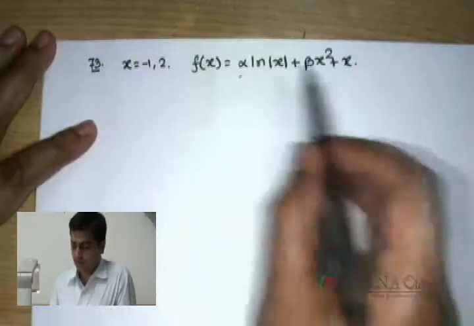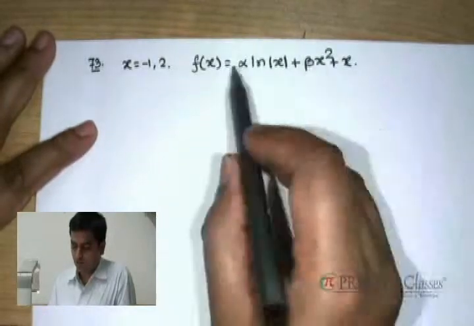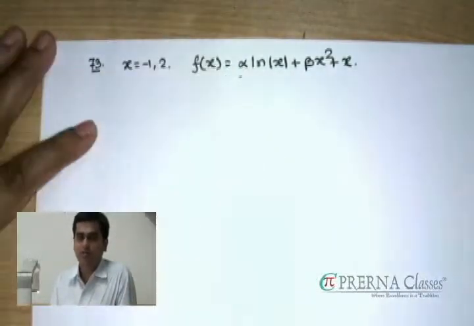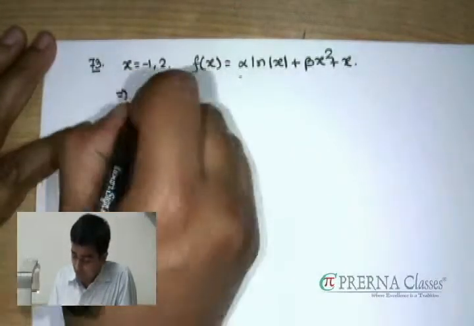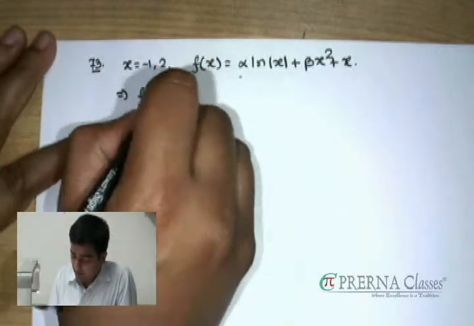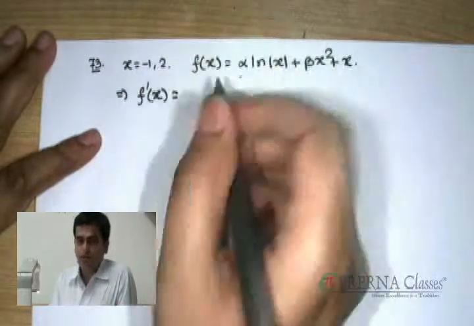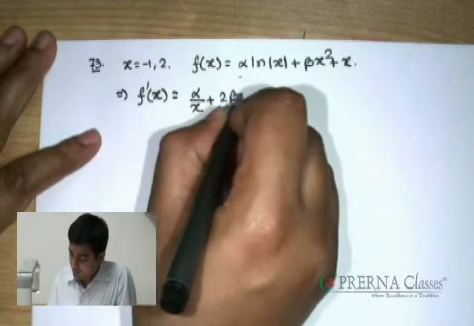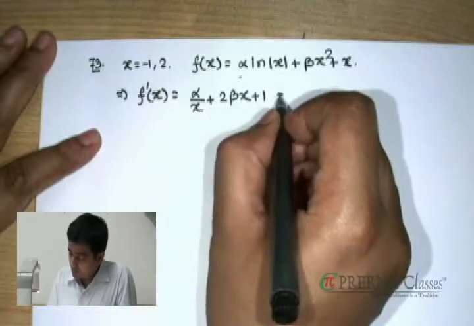Okay, in the next problem, we have 2 points given, -1 and 2, as points of extremas for the function given, which involve 2 constant unknowns, which you have to figure out using the fact that these points are points of extremes. So all you need to do is figure out its derivative and make these quantities at their roots. Derivative turns out to be this.